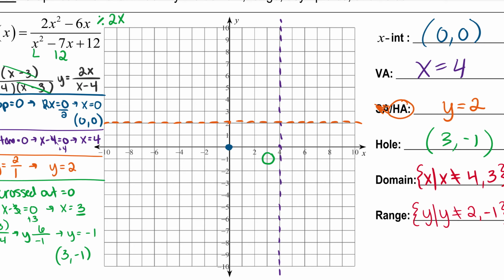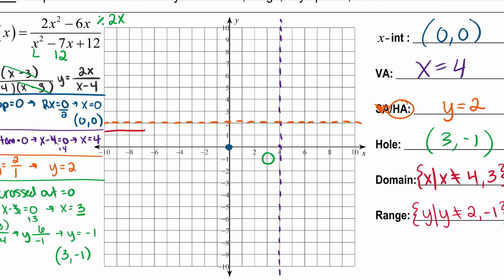If my x-intercept was over here, don't draw this, then my graph would be in the bottom right corner, and then I would go opposite of that. So I'd always recommend starting to draw your graph in the corner where your x-intercept is. So let's do that. So my x-intercept is in the bottom left.